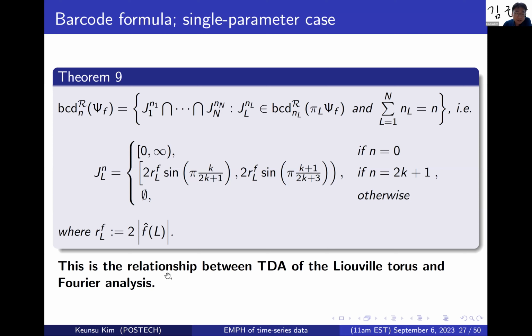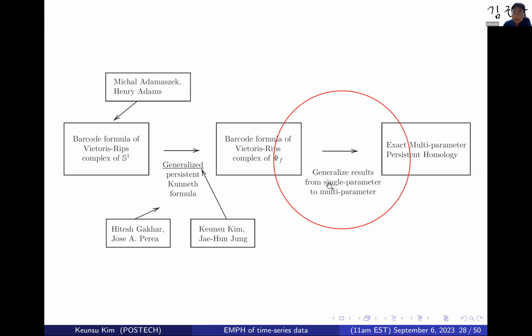So this formula reveals the relationship between TDA of the Liouville torus and Fourier analysis, because this term is an object in TDA, and the L_F is twice the modulus of L's Fourier coefficient. This is an object in Fourier analysis.